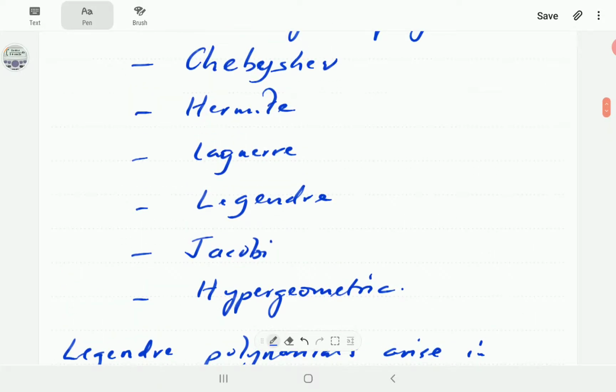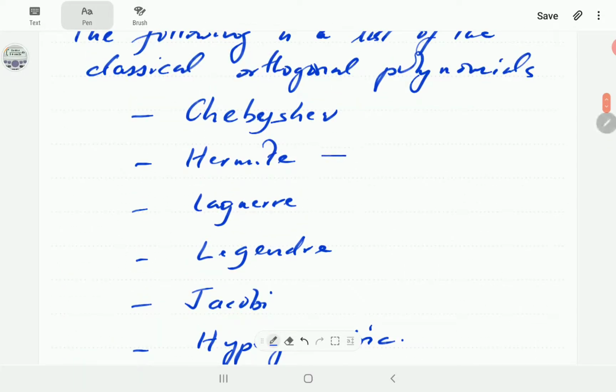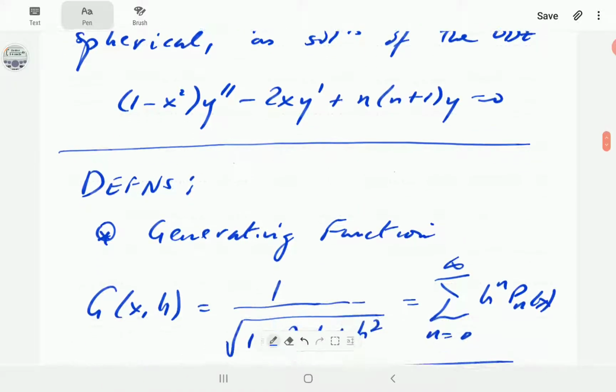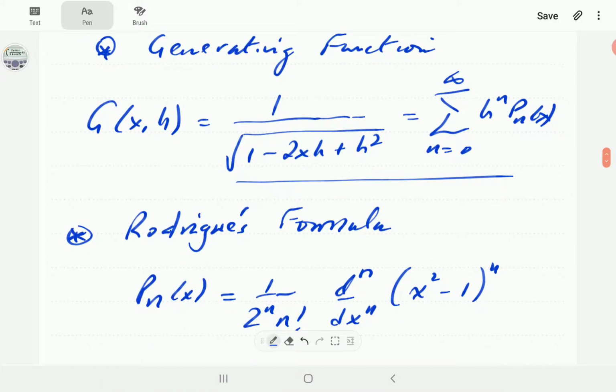So for instance, the Hermite polynomials will have their own generating function. They will have a corresponding differential equation. They'll have a corresponding Rodrigues equation, etc. All that happens is that for the other polynomial, this function, for instance, is just going to be different.